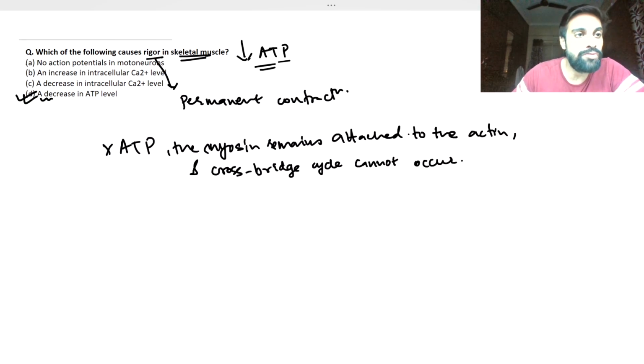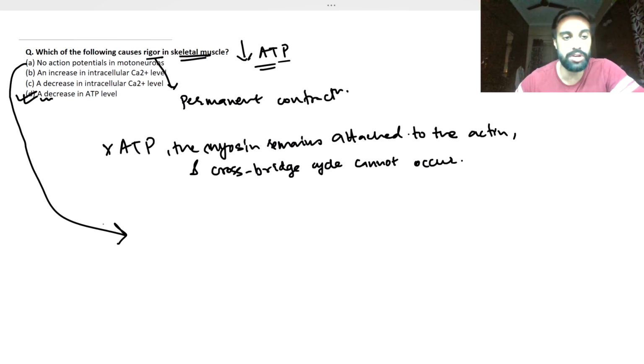So in case of no action potentials, if there are no action potentials in the motor neurons, then the muscle fibers they innervate will not contract at all. Means there will be no contraction if there are no action potentials in motor neurons.